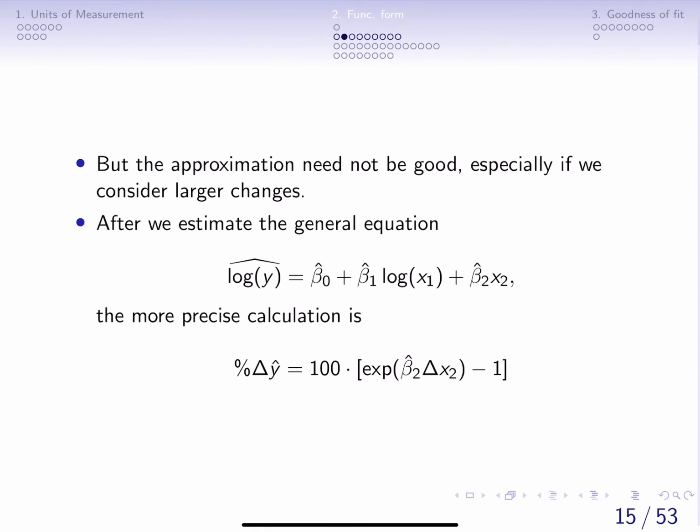However, one of the things to think about is that approximations using logs may not always be good, especially when there are larger changes that we are considering.